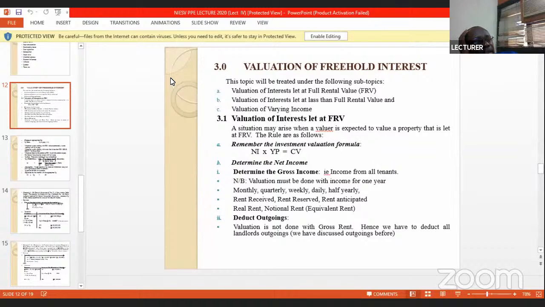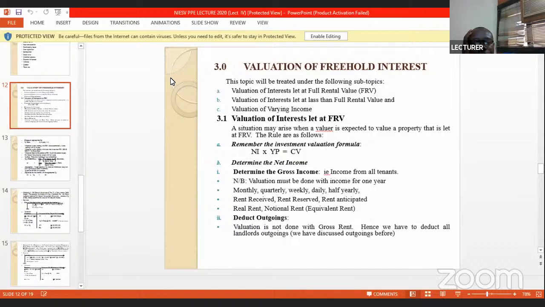If it is a weekly income, you have to multiply it by 52 to make it income for 1 year. Some people pay daily. If it's a daily income, then you have to multiply it by 365 to make it income for 1 year. Then some people pay half yearly. You have to multiply it by 2 to make it income for 1 year.